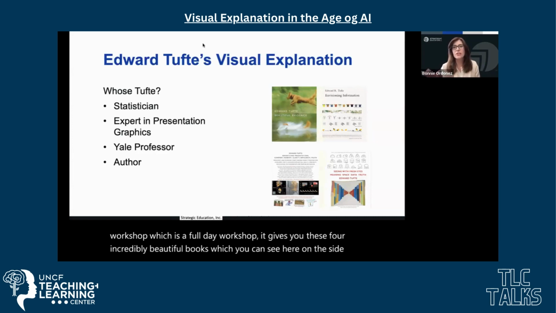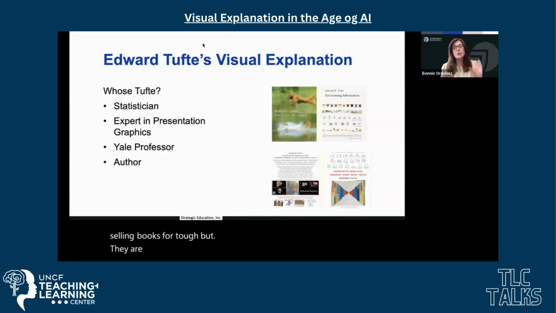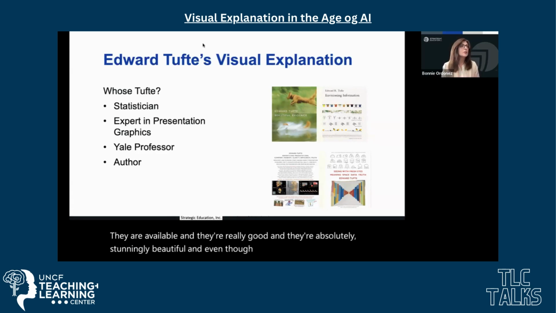You can also purchase these separately if you're interested. I'm not selling books for Tufte, but they are available, and they're really good, and they're absolutely stunningly beautiful. And even though this theory was created years ago, now in the age of AI, it really comes back to the fourfold on Tufte's theories on how you teach with AI.